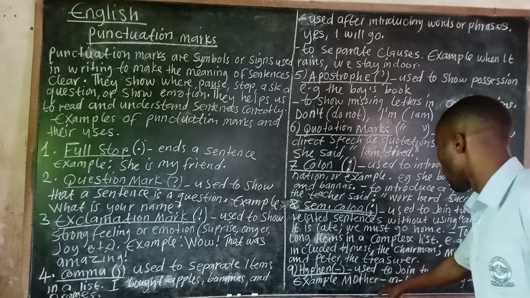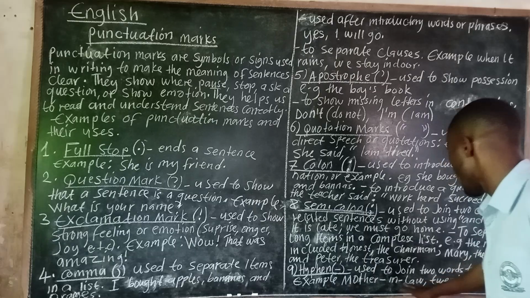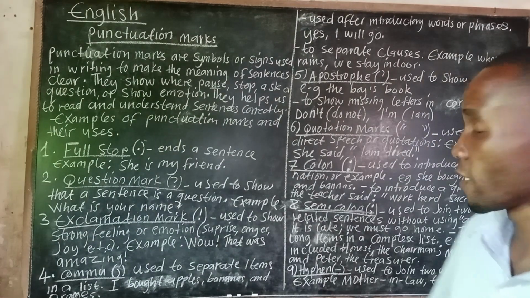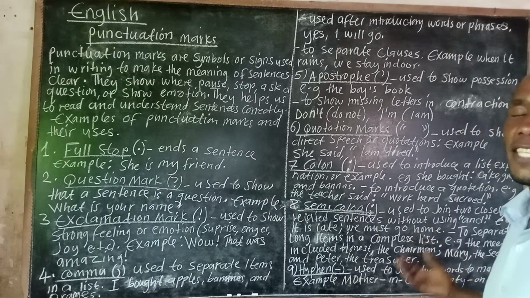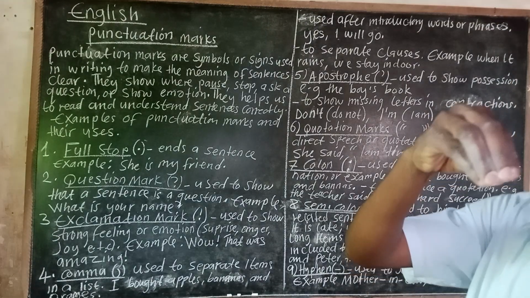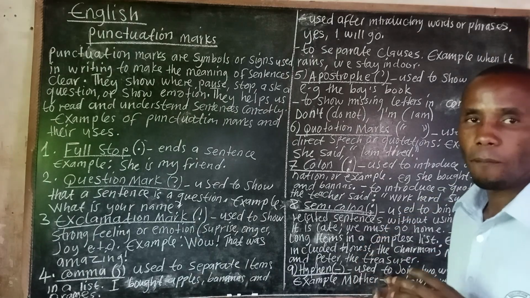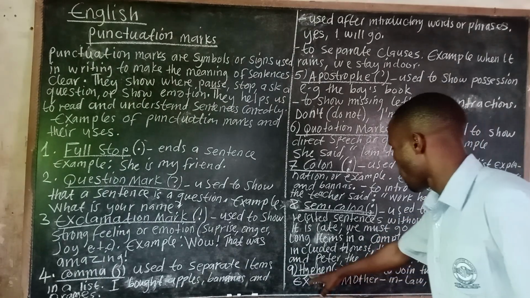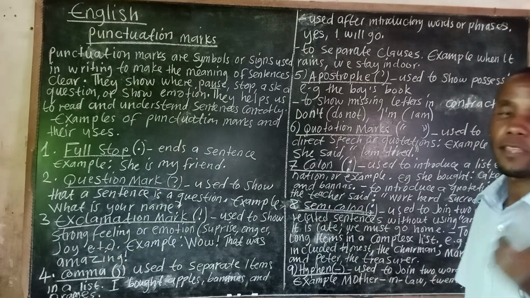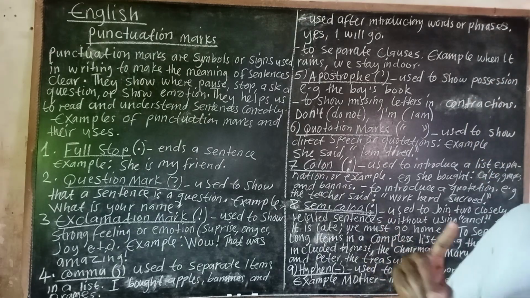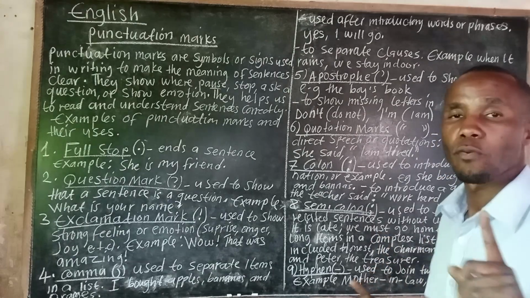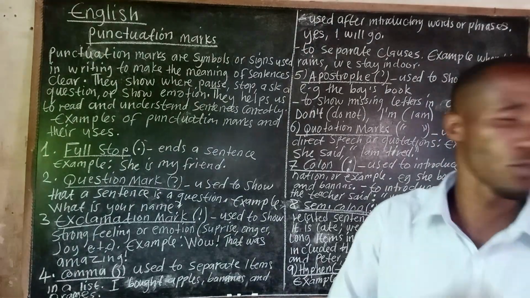Then the other example that we can give is 21. So 21, we have 2 words, 20 and 1. But because of this punctuation mark called hyphen, we are going to come up with one word. So we have joined 20 and 1 to come up with one word, which is 21.